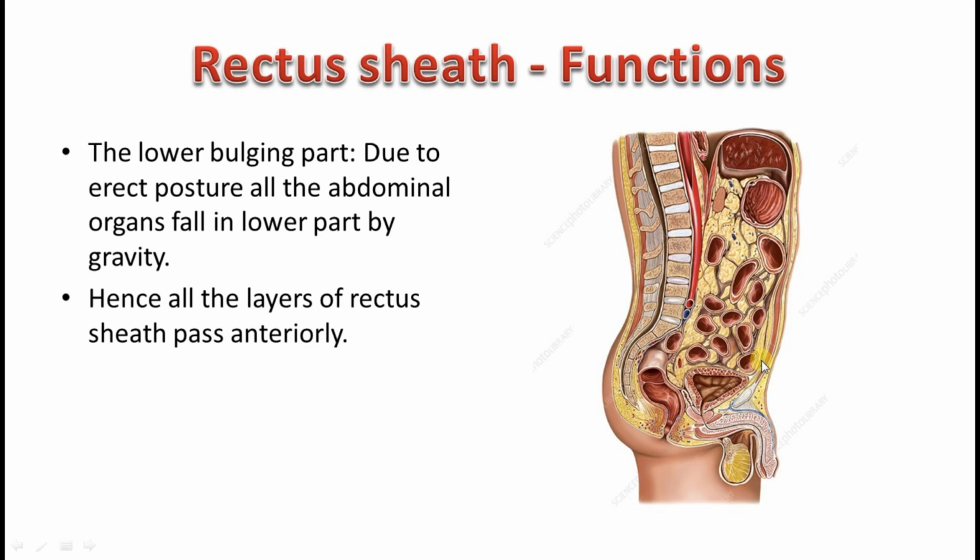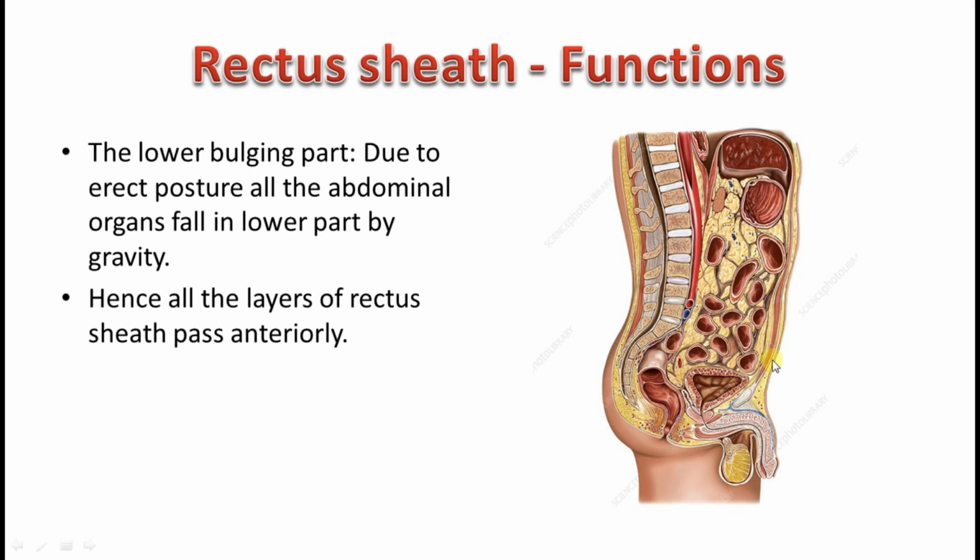Now you might ask, why, sir, could these aponeuroses not have been present in the posterior wall and strengthened it? If we strengthen this area, it will restrict the bulging of this part itself, so the purpose will not be achieved. So to allow bulging as well as to give firmness and protection, the anterior wall is strengthened.